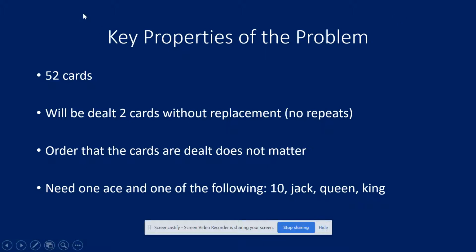We'll be dealt 2 cards at random, and this is without replacement, meaning you can't get the same card twice in one hand. After all, there's only one ace of spades in the deck, for instance. Now, the order of the cards in your hand doesn't matter. Whether you get ace then 10 or 10 then ace, it still counts as a blackjack. And like we said, the blackjack is specifically an ace and one of those 10-point cards.